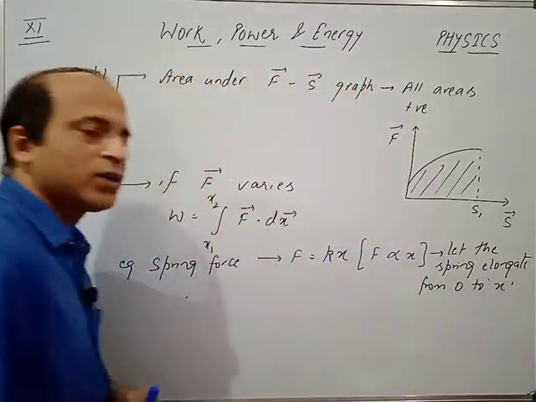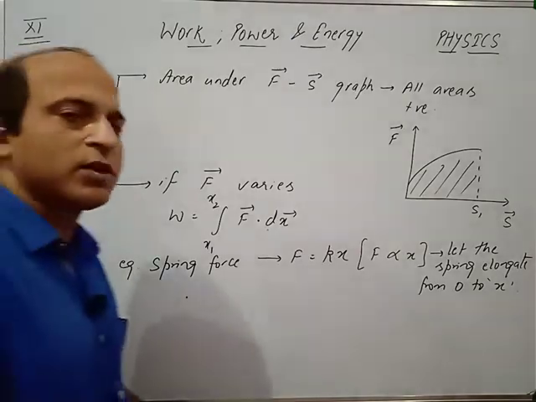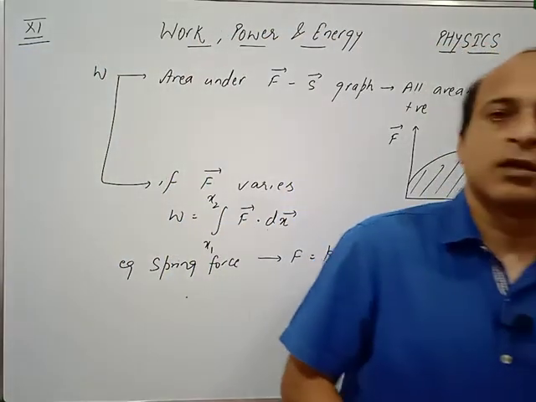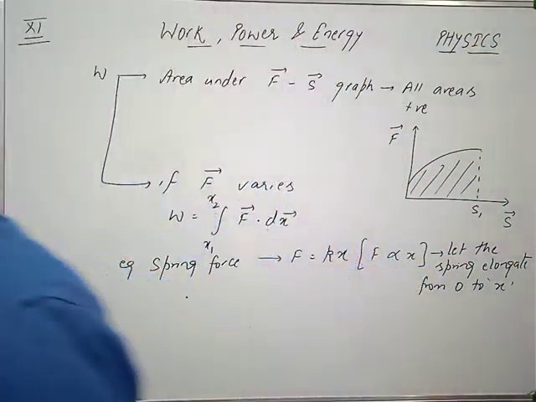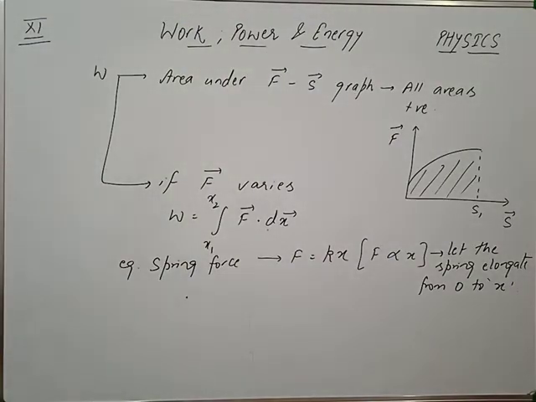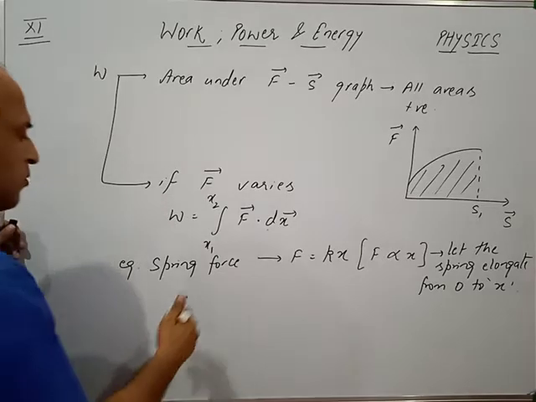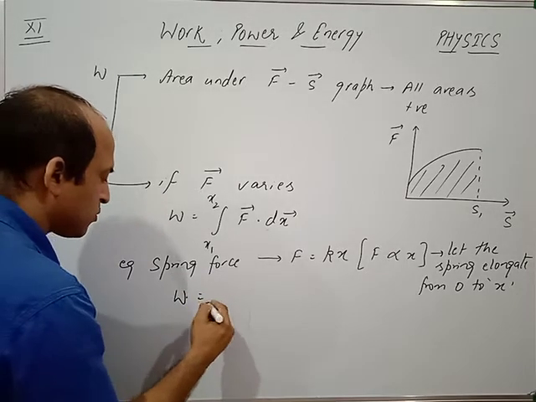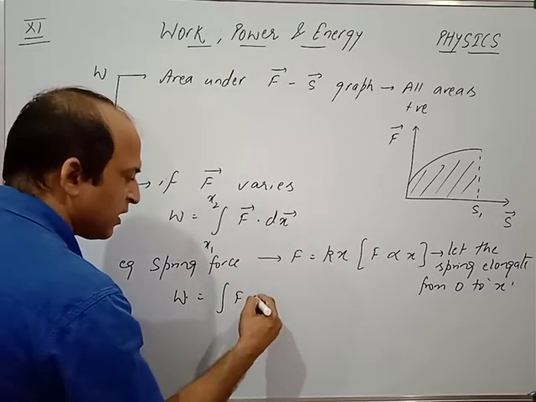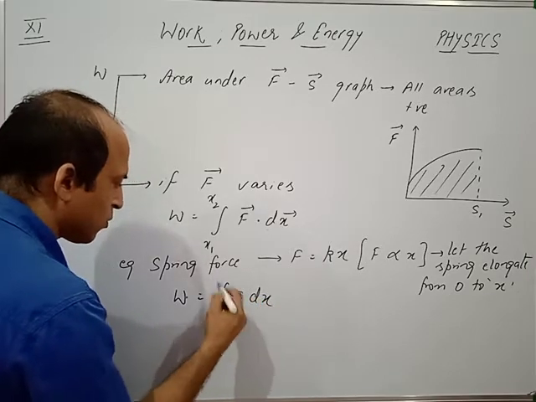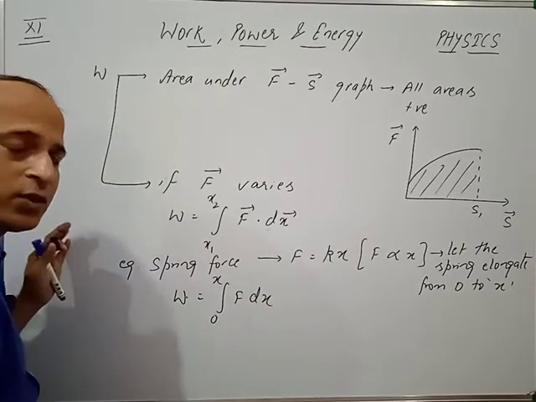That means the initial elongation or compression in the spring was 0, but the final elongation after stretching or compressing the spring is x. So just use the above formula that I have given you. Work done equals integration of F dx from 0 to x.